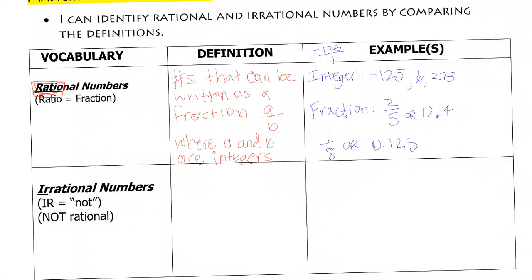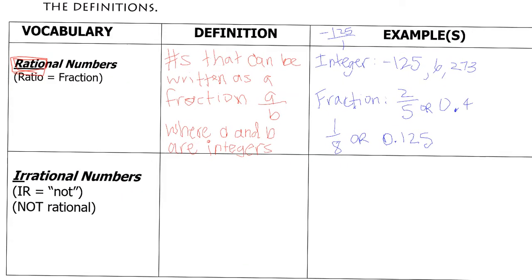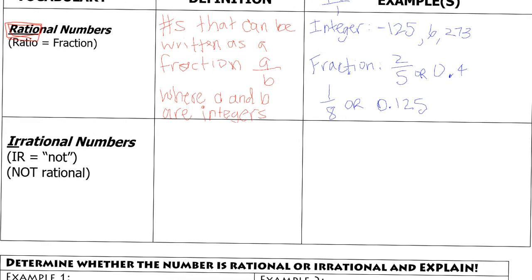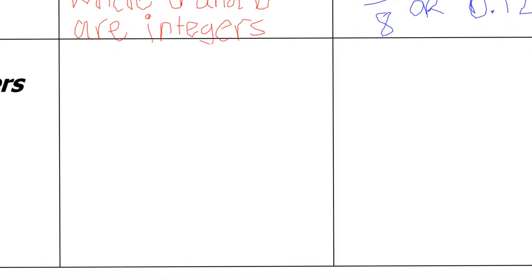All right, an irrational number is not written as a fraction. You cannot write these numbers as a fraction. So I'm going to zoom in here and write the definition. My handwriting is a little better.